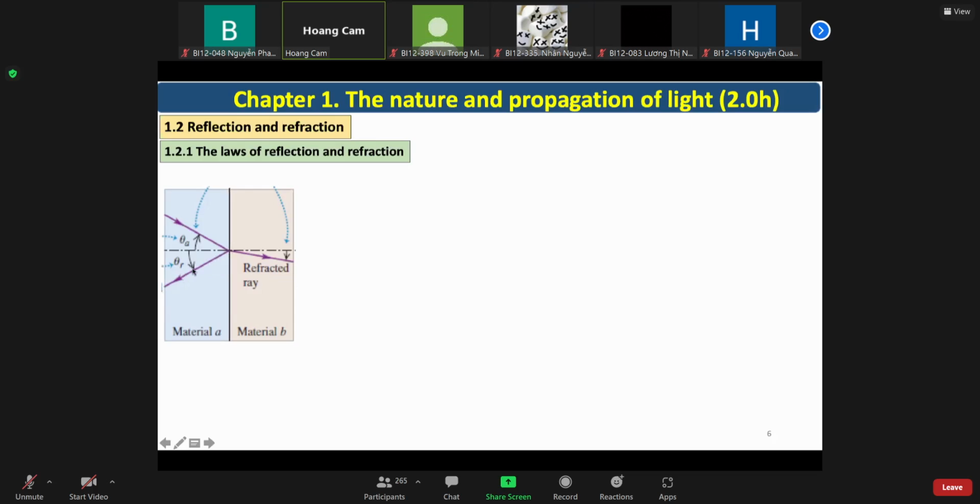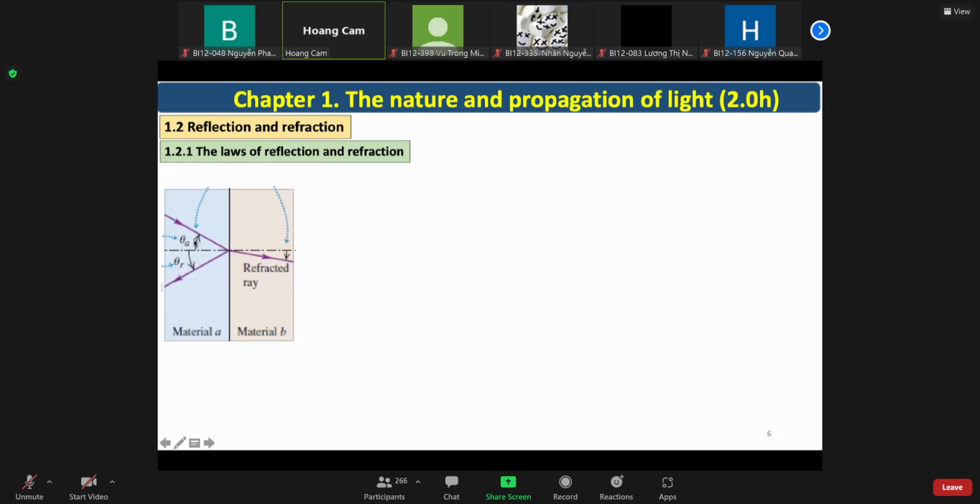The reflected ray is named reflected ray because it also lies in the same material as the incident ray. Yes, you see here. Only on a different side along the normal. So the normal here splits the two parts, the incident ray in this part, and the reflected ray on the other side.